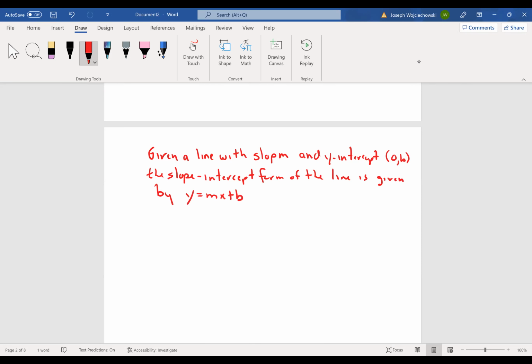So essentially, if I'm given the y-intercept of a line and the slope of the line, I can write the equation in slope-intercept form.